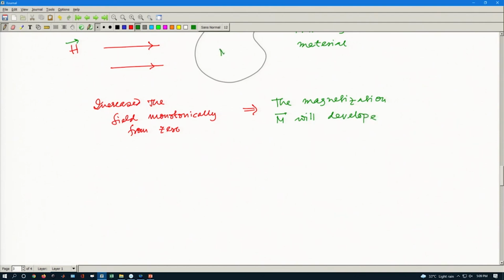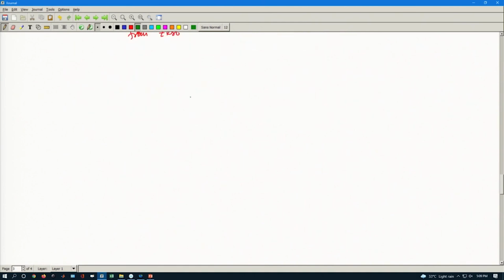So, this is my magnetization. It will also develop if I gradually increase the magnetic field. Now if I plot that, we will have a very interesting plot.